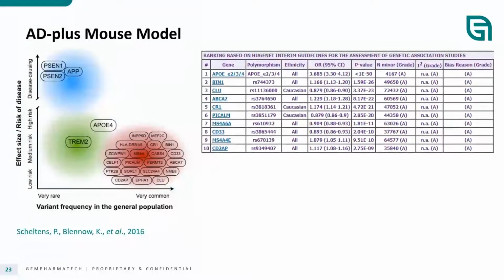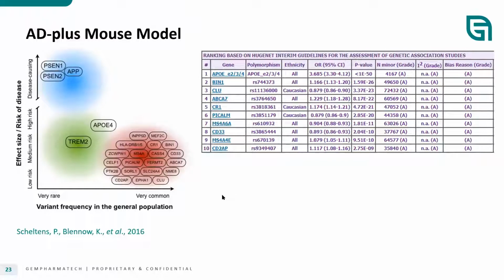Just looking at what it is in the human condition that makes Alzheimer's disease, despite having the same primary driver mutations, so much different in one patient versus another?